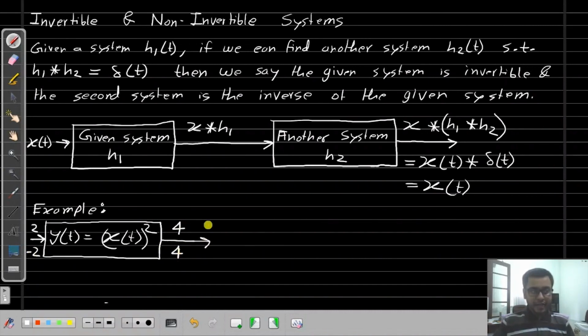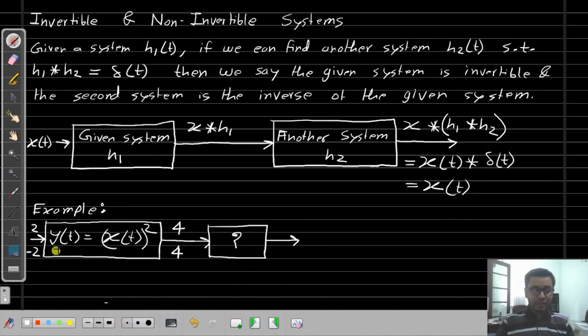Now can you find another system which will take this 4 as the input and give you back the original input 2 or −2? That is not possible, because how will this second system know whether the original input is +2 or −2?